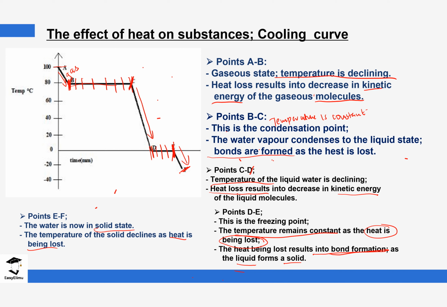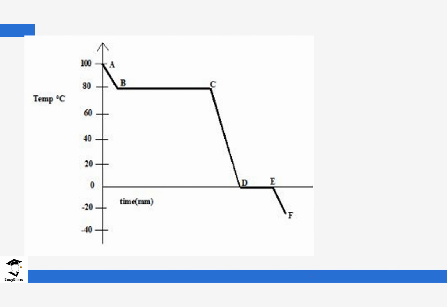So next, let's identify the processes happening in these graphs and also identify the states in each region. So we'll start with the processes and states. At region AB, we said that this water is in gaseous state, it's steam. When it gets to point B, it starts turning into liquid.